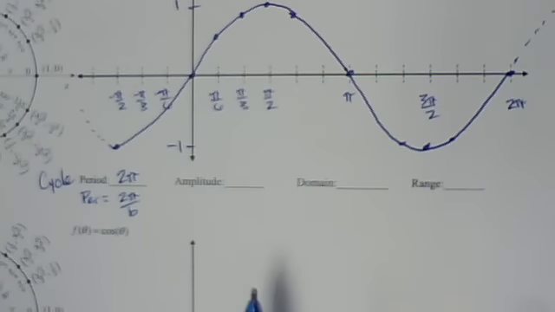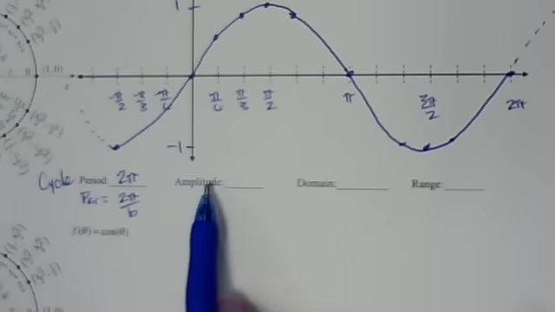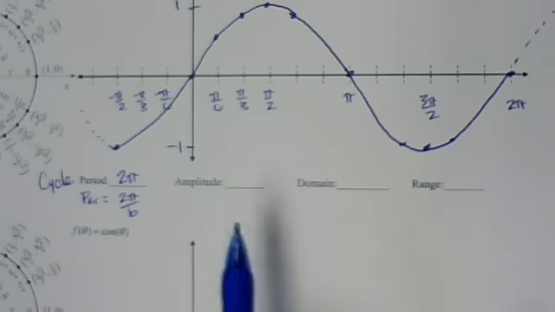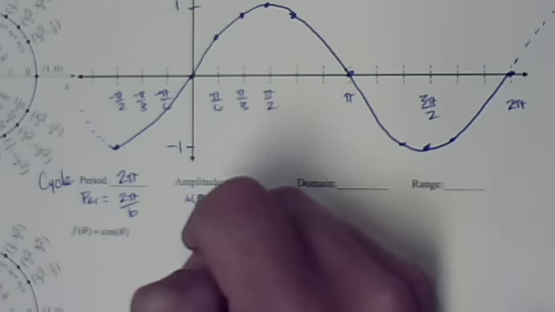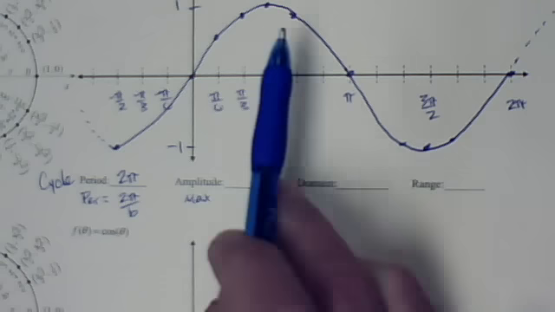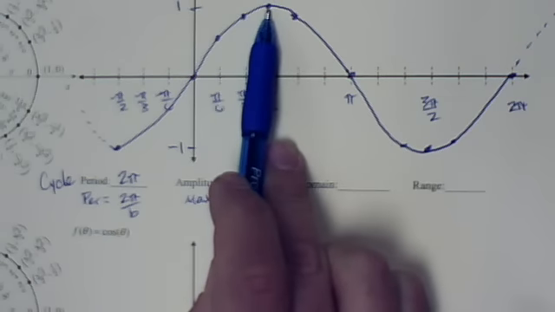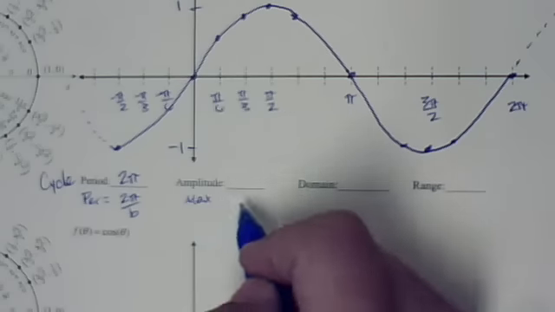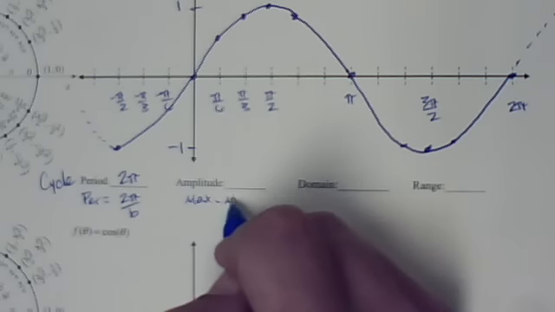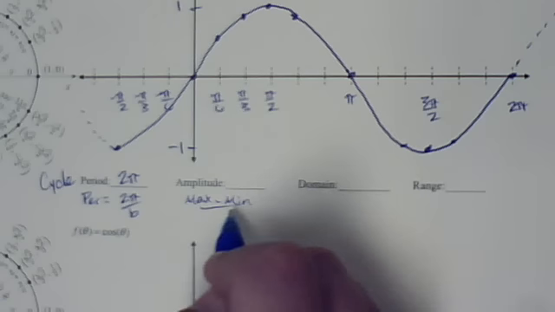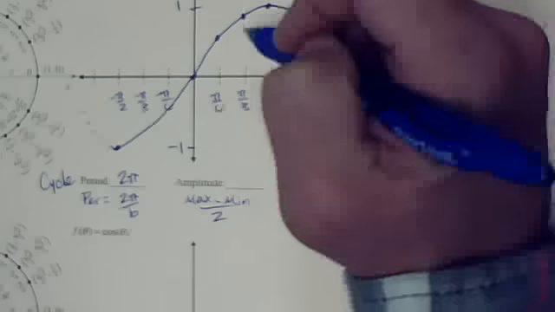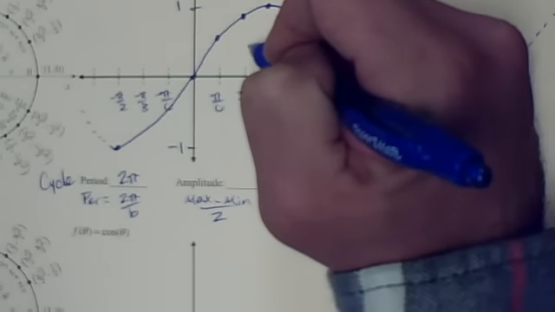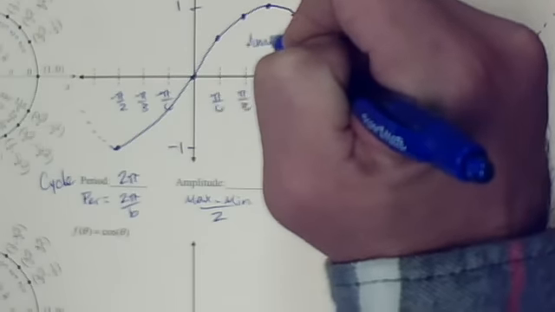Okay, the amplitude, as you learned yesterday, there's two ways of looking at it. You can either take the absolute max up here, which is 1, and subtract the absolute min, and then divide all that by 2. Or a good way to look at it is the amplitude.